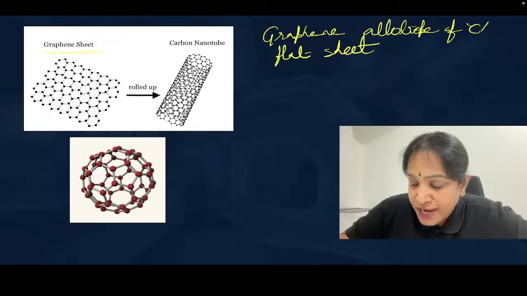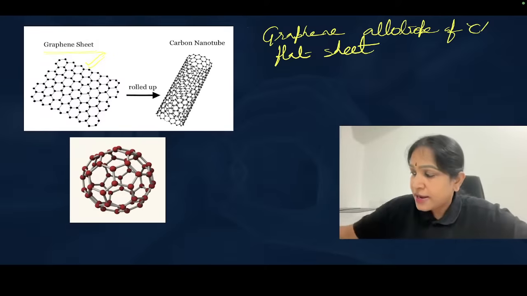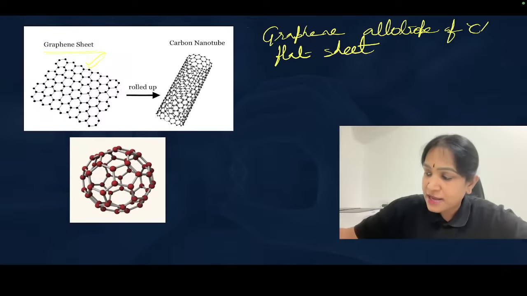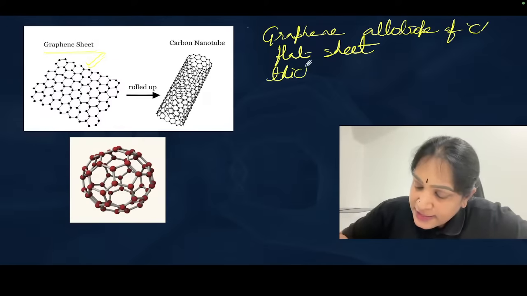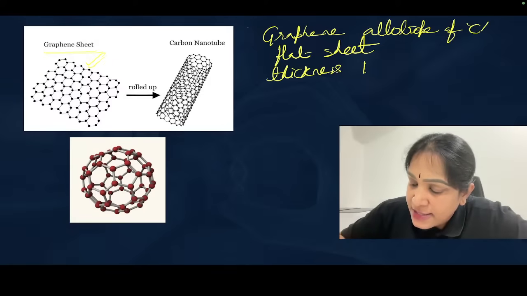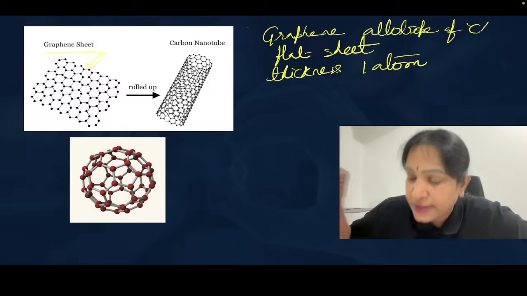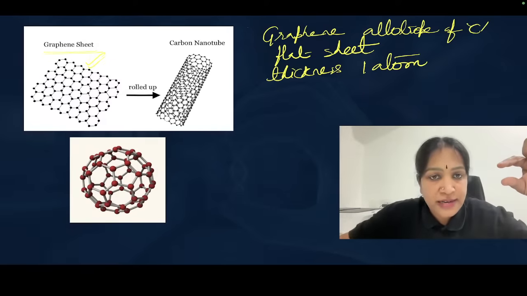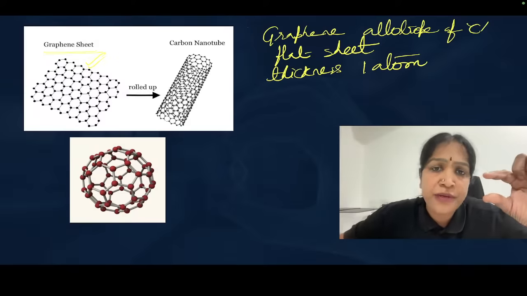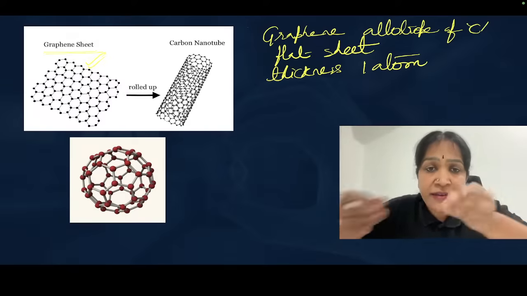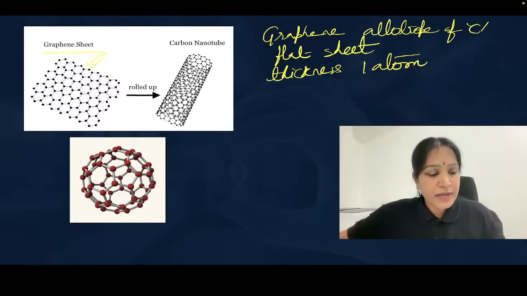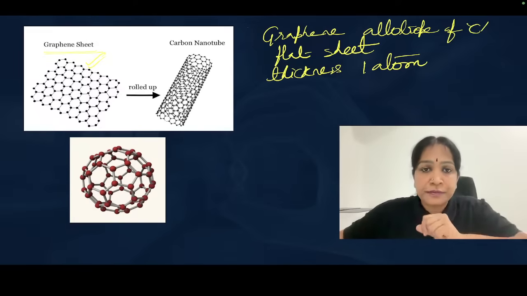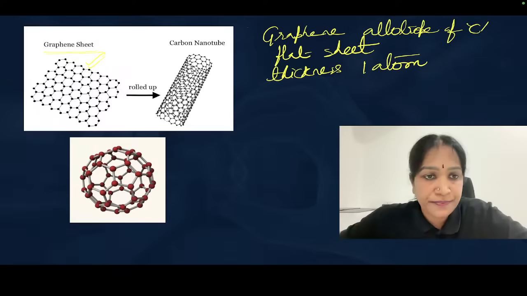It's a flat sheet of carbon, it looks like a flat paper, and its thickness is just 1 atom thick. The thickness of this graphene is just 1 atom of carbon. It means it is a very thin sheet of carbon units. Is it clear?